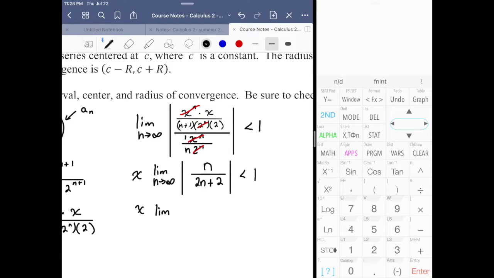Now we could rewrite this as x times the absolute value of the limit as n approaches infinity of n over 2n plus 2.